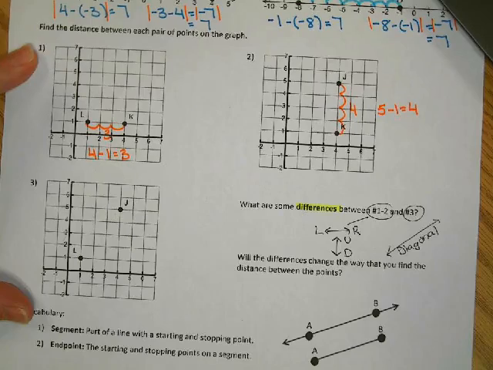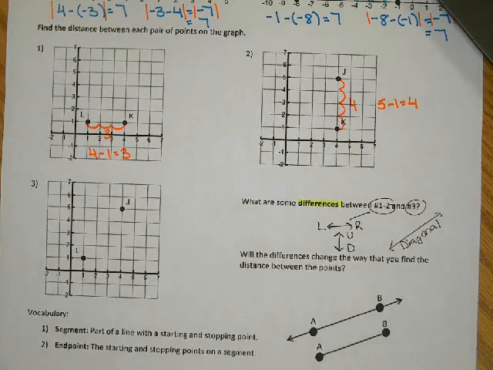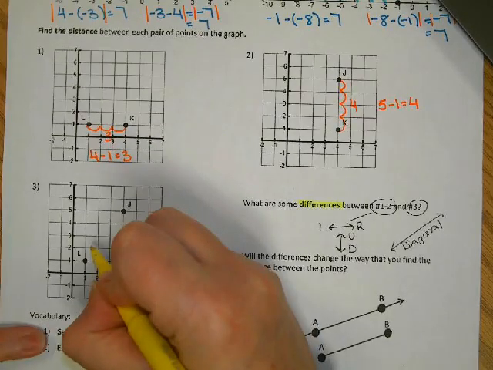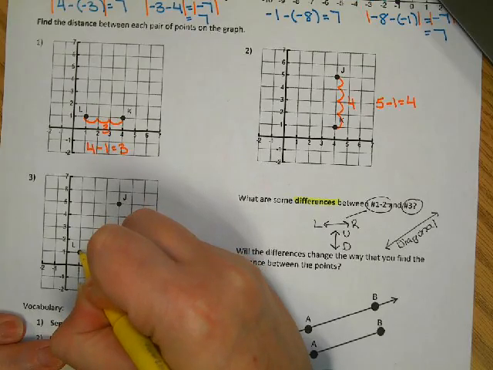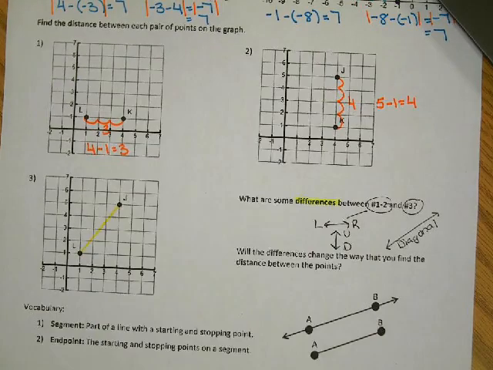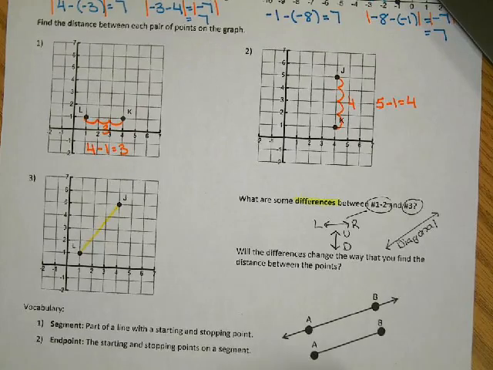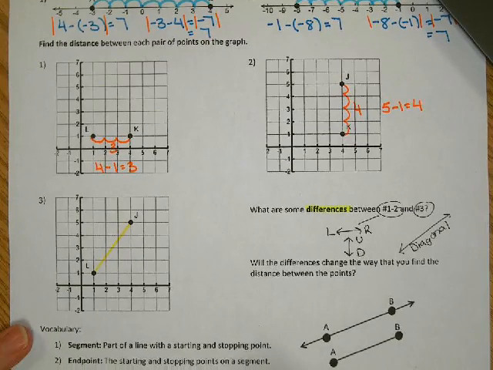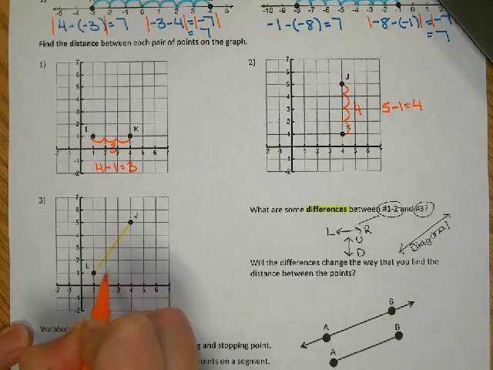And the way that we're going to do this is by creating a right triangle. Okay? So what we're going to do is connect our points on the diagonal. Okay. And then we're going to create a right triangle. We'll start at the bottom and we'll move to the right.